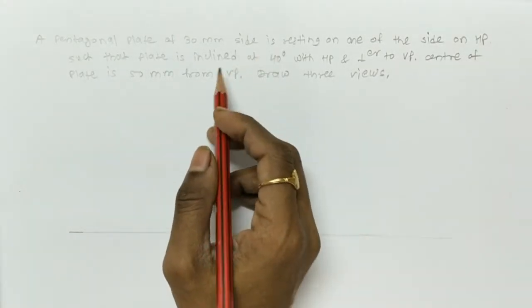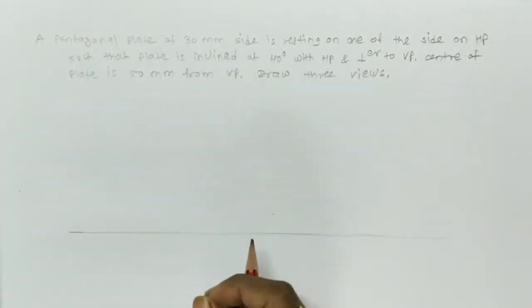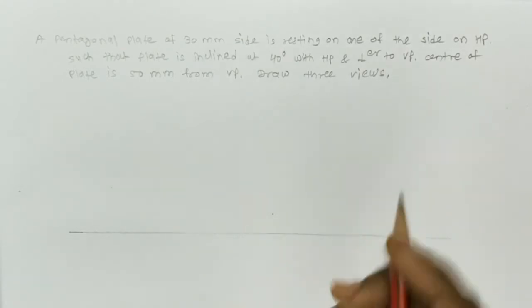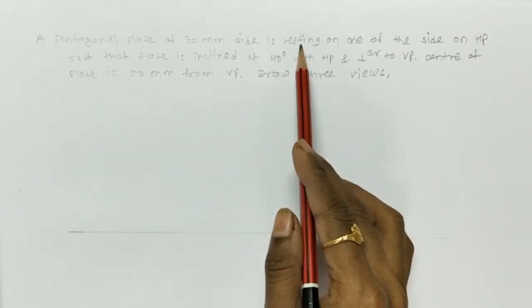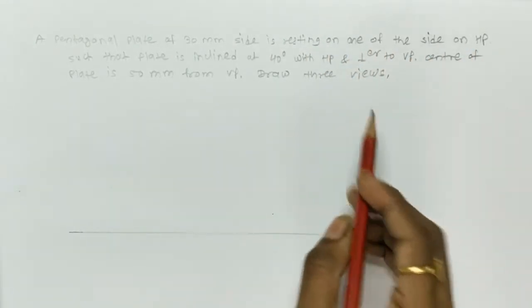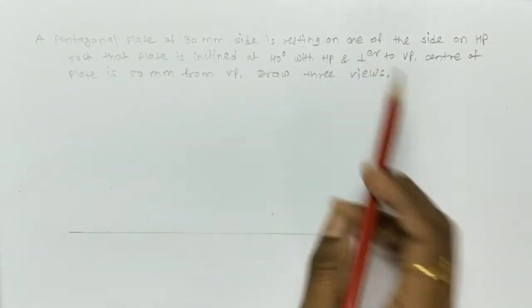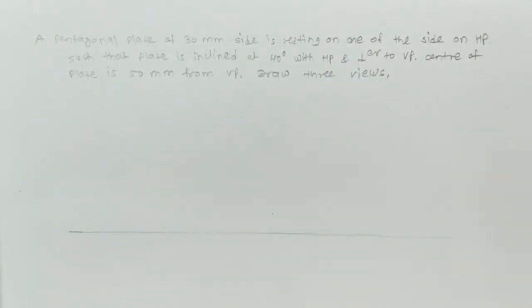So we have to draw a pentagon having side 30 mm below the XY line because it is resting on one of its sides on HP and inclined with the HP. So we have to draw the pentagon in HP.